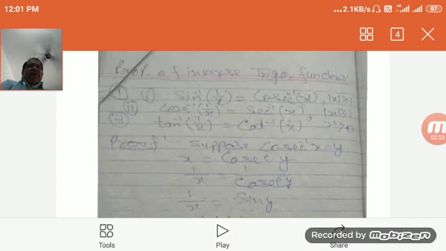So sine inverse 1 upon x is equal to y. Y was equal to cosec inverse x. So in this way we can write sine inverse 1 upon x is equal to cosec inverse x. Similarly you can prove the second and third property also.